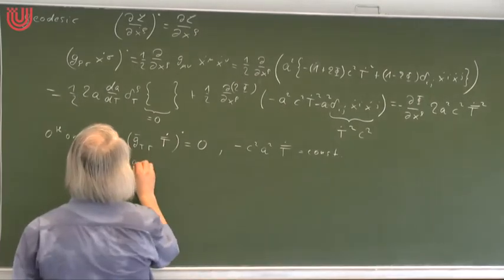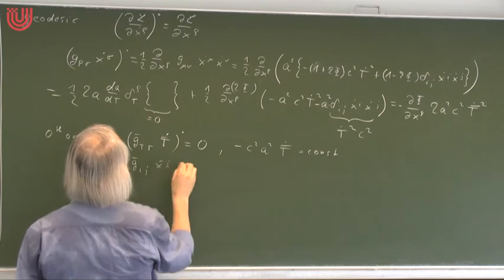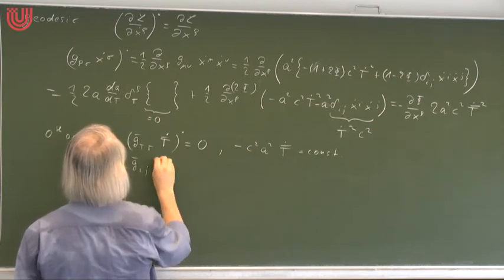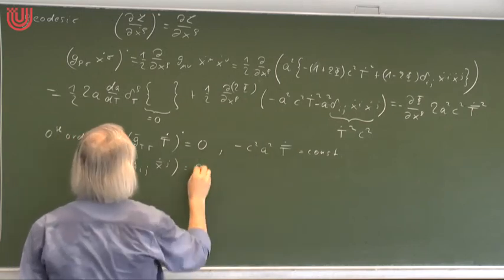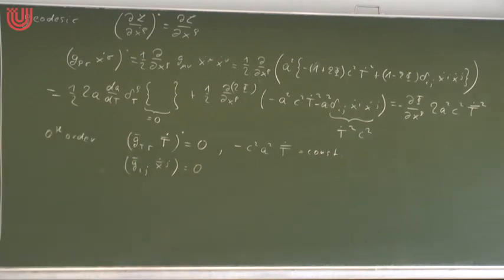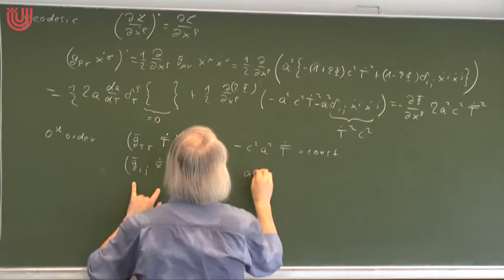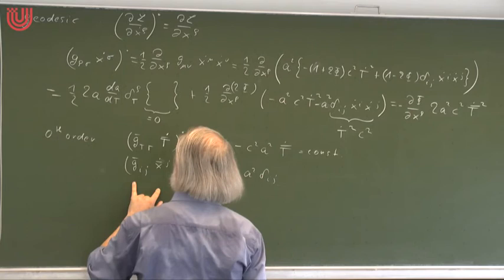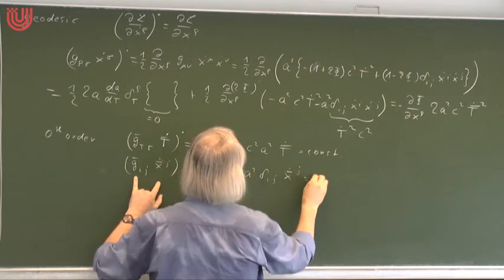And if this is a spatial index, g_ij bar, x^j dot, zeroth order, it's also 0, because on the right hand side I have a first order term. So in this case, it means that a squared delta_ij x bar dot^j is a constant.